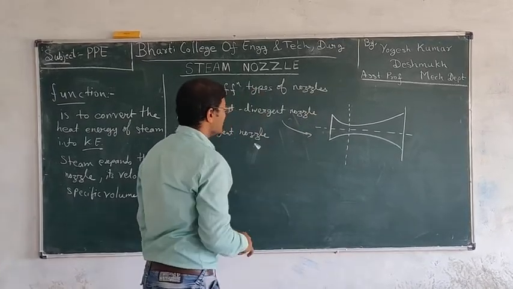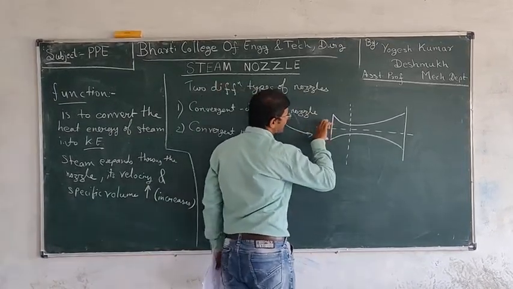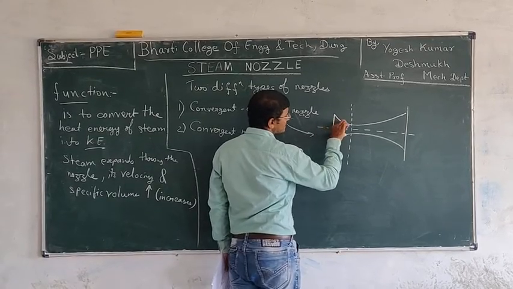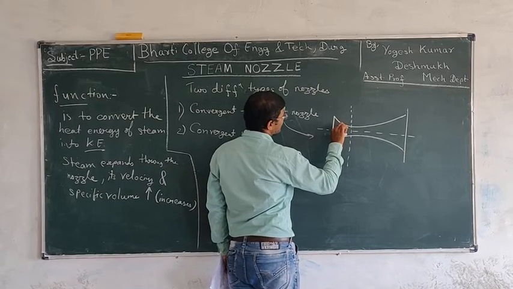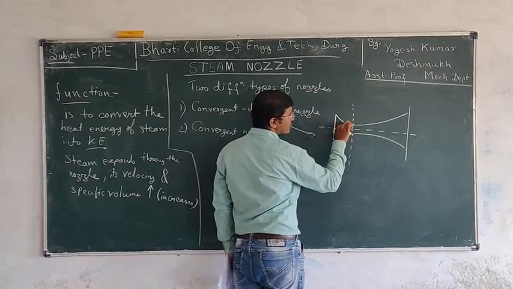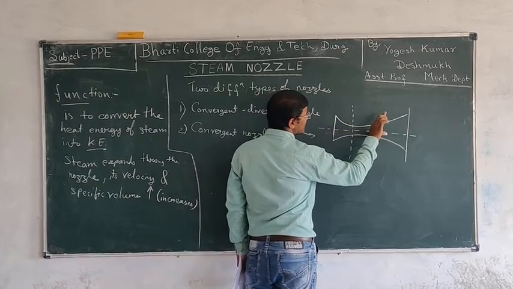This is the diagram of a convergent divergent nozzle. Here, the steam or fluid goes through this nozzle, first converging and then diverging. The area reduces and then it expands.